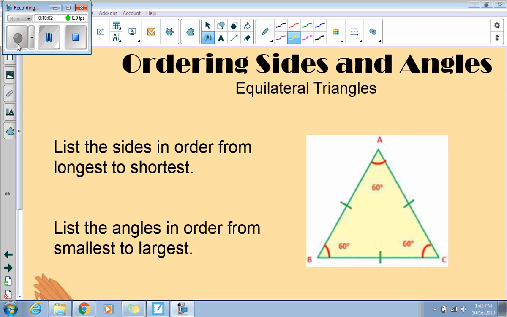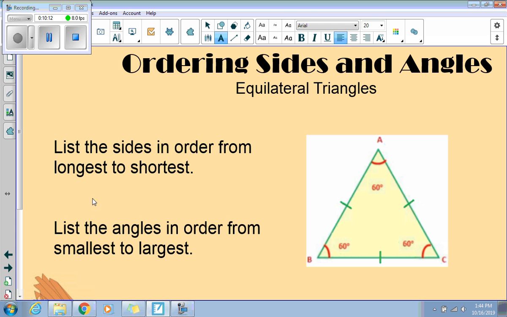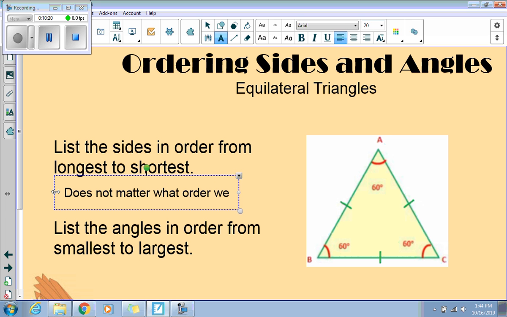Okay, so equilateral triangles. Equilateral triangles have all the sides and all the angles equal. So that means when we're ordering the sides, it doesn't matter what order we put them in, because everything is equal.